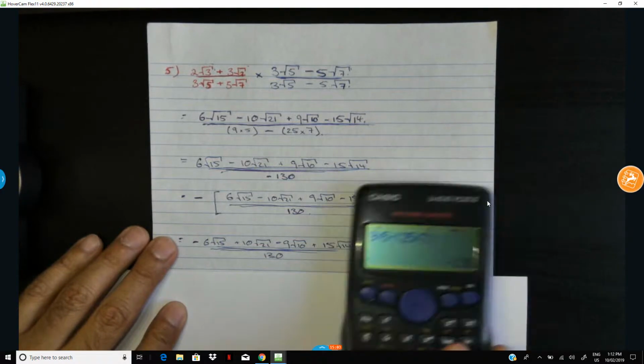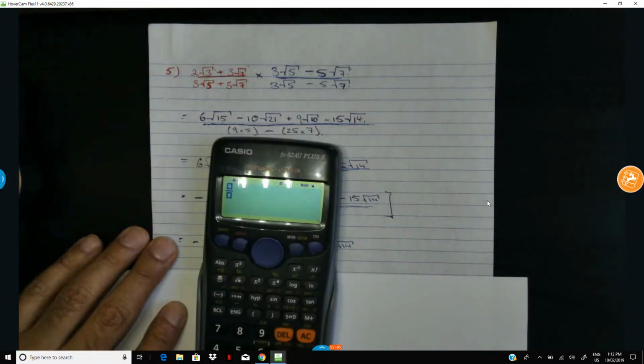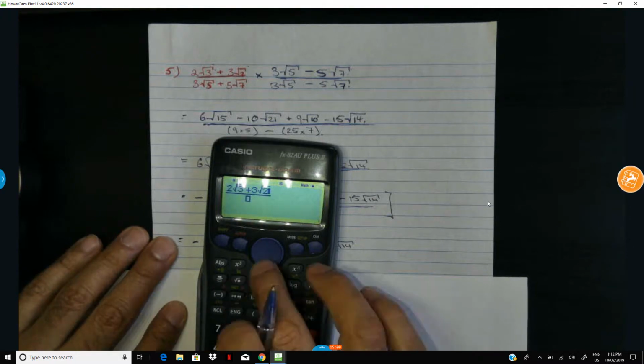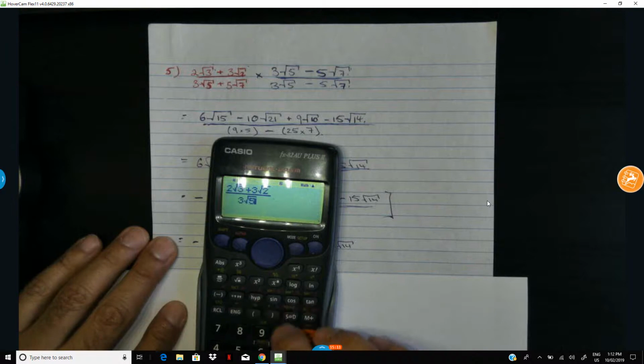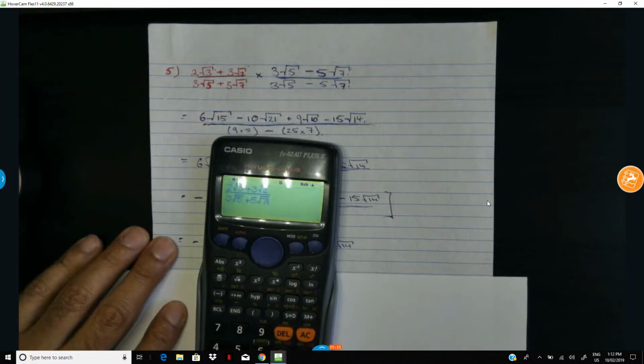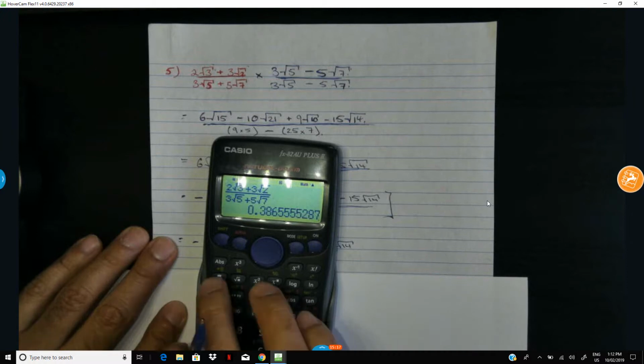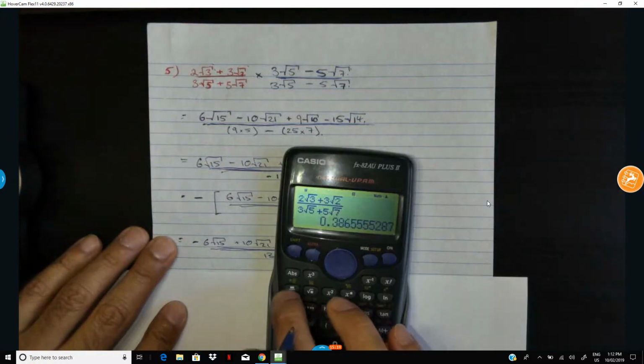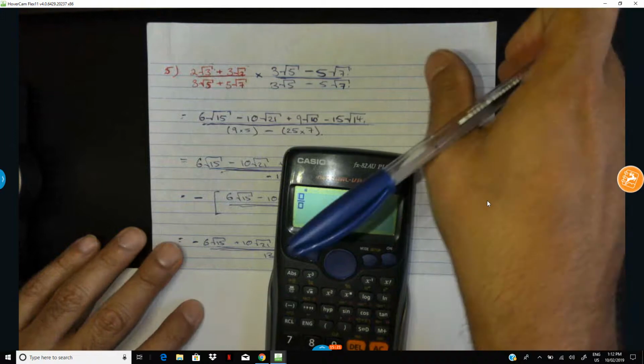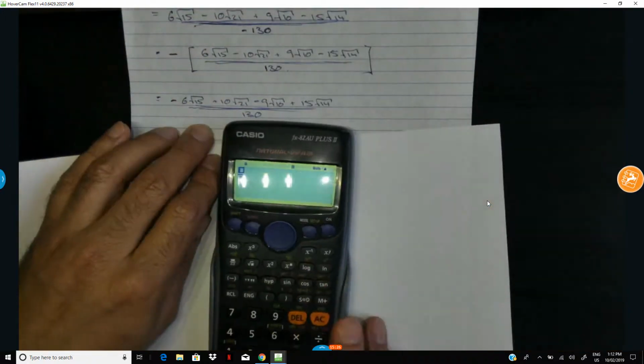We can always double check, using our calculators if this was an exam. 2 square root 3 plus 3 square root 2 over 3 square root 5 plus 5 square root 7. That's the solution numerically, and I'm going to test it using my final solution.